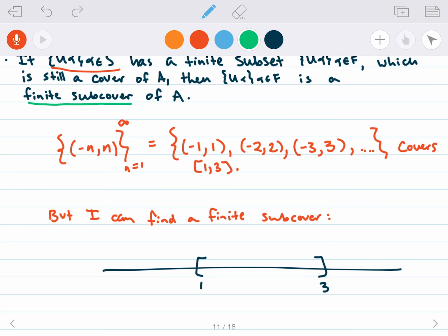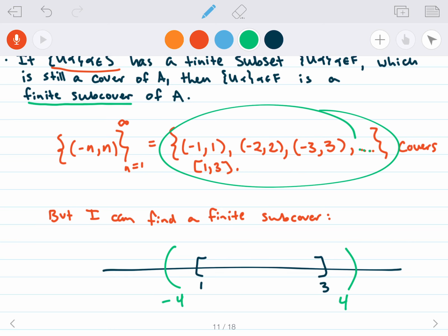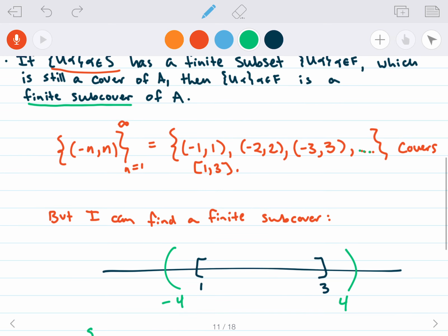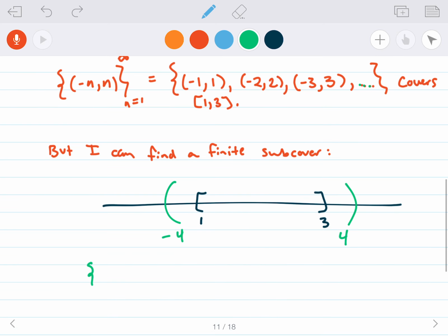You can make your n as big as you want. So what about 4? If n equals 4, this is actually a finite subcover of this, because it still covers the set. And it's just a portion of the infinite sets, just a finite piece.